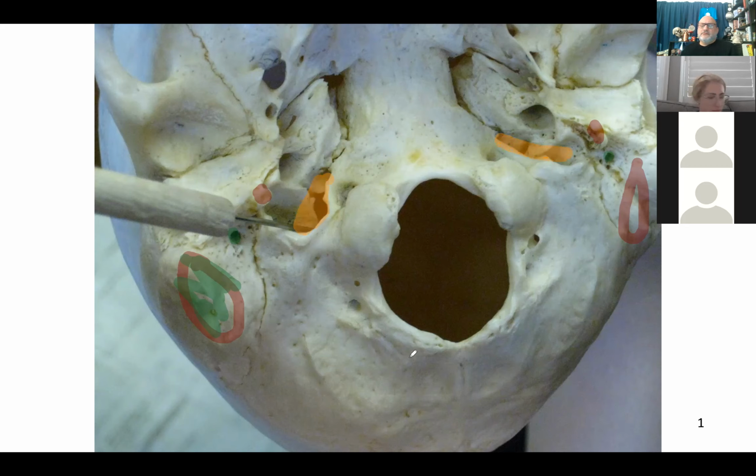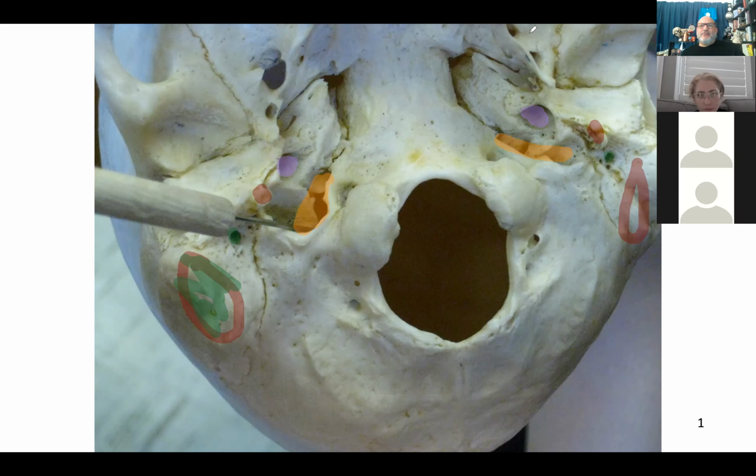That's the jugular, right? Yeah, that is indeed the jugular foramen. Exactly. And right next to the jugular foramen on the underside of the skull is our opening for the carotid canal. So on the underside, the inferior view of the skull, it is right next to the jugular foramen.